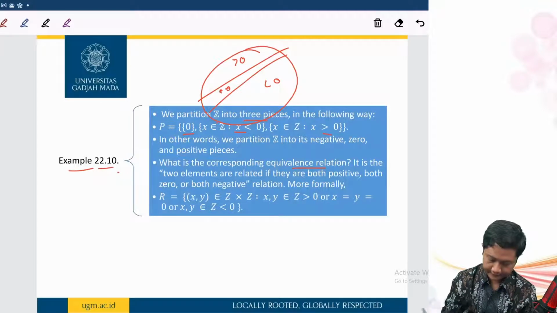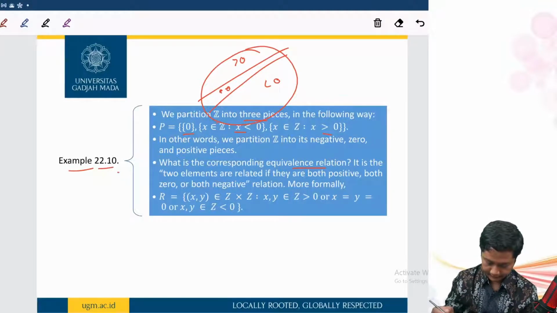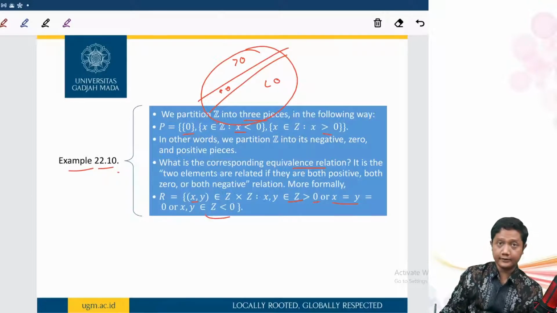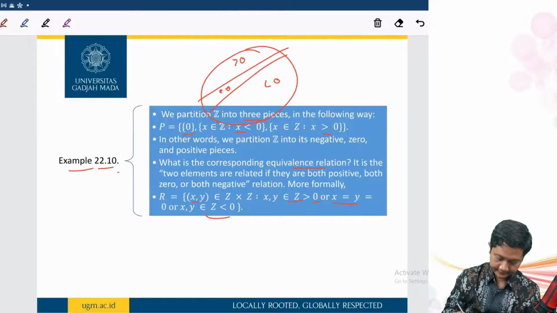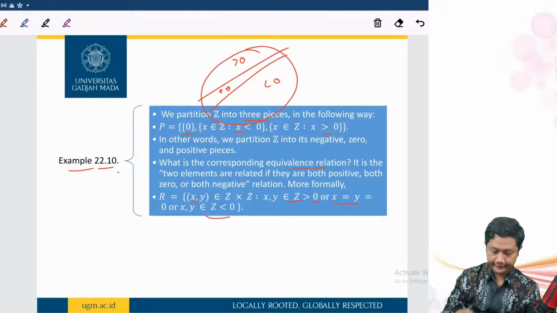And what is the equivalence relation? We can see something like this. So this relation: (x, y) in Z greater than 0, or here. So it is easy to see that we can make an equivalence relation here.